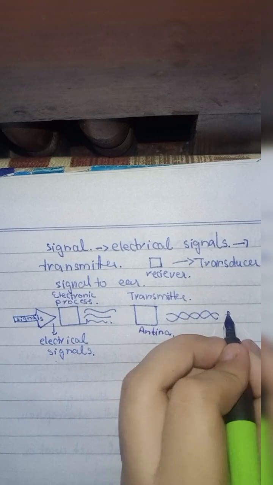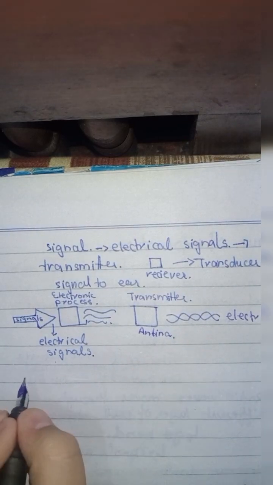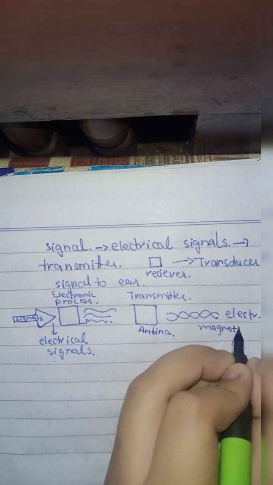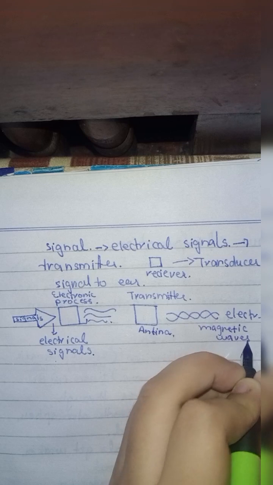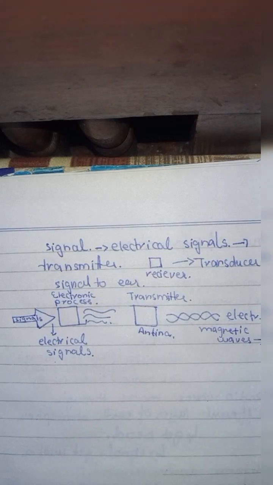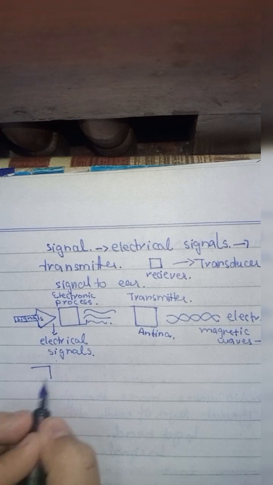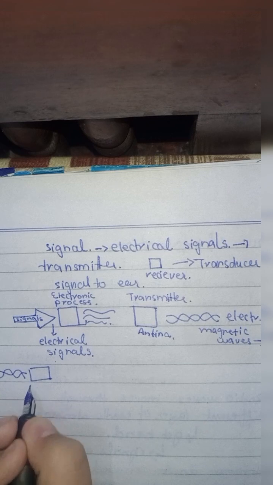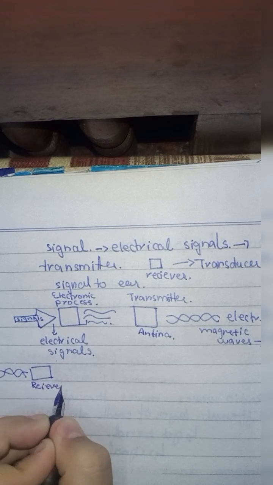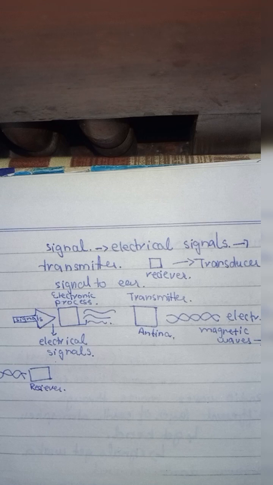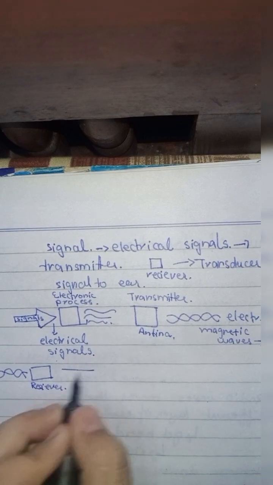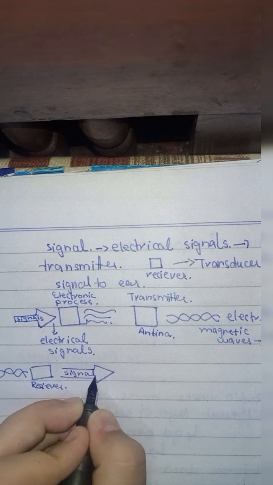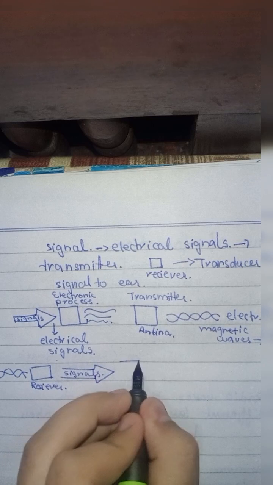These electromagnetic waves are going towards the receiver. After the receiver, the electrical signals go to the transducer.